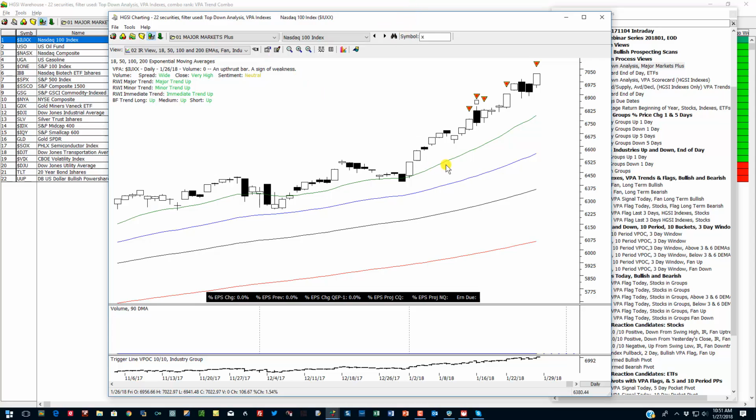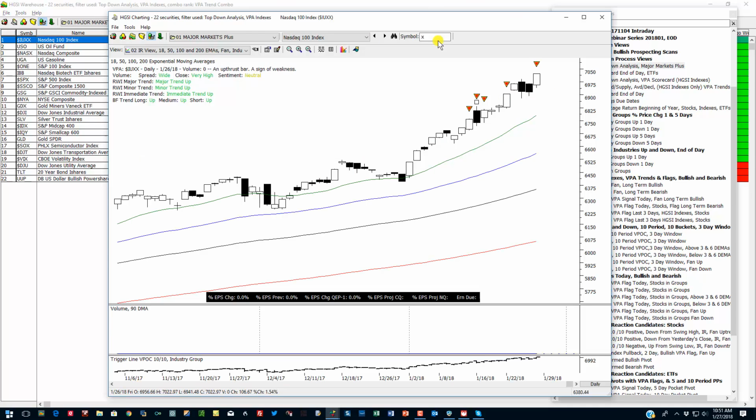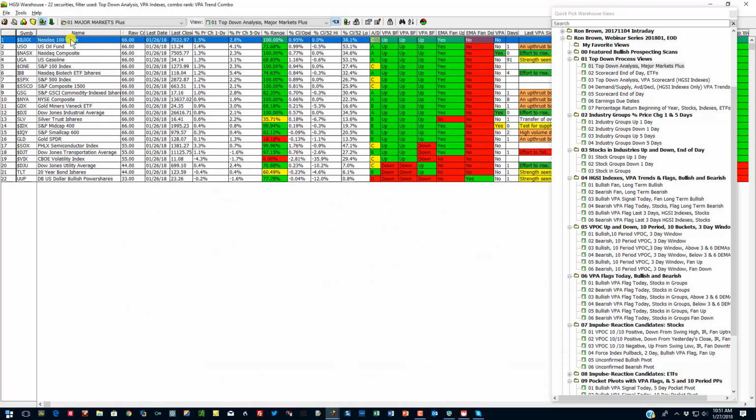So, as we all know, it's a very strong market. By the way, these VPA flags are meaningless because there's no volume with the IUXX or the NASDAQ 100. So don't pay any attention to that. What we can look at is the trend, and we can also look at the fan in this instance.